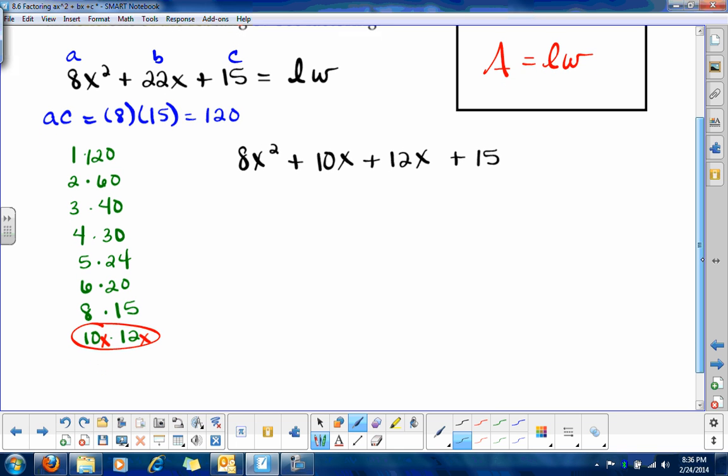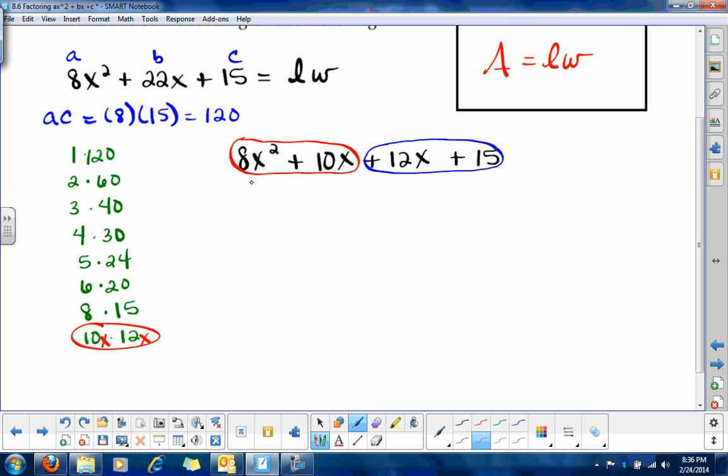All right, so now let's group so we can do some factoring. We're going to put the 8x squared together with the 10x, and we'll put the 12x together with the 15.